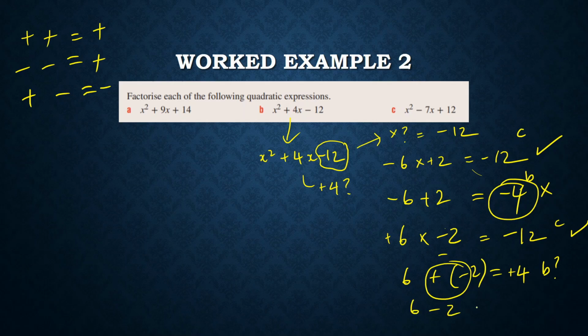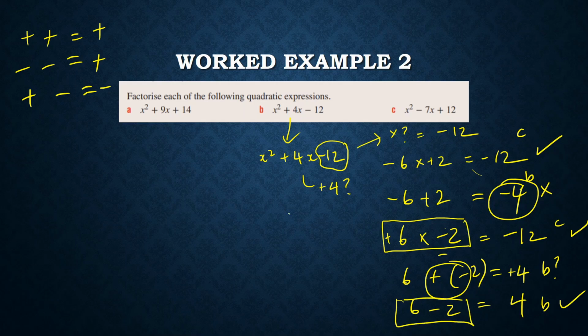So 6 minus 2 equals 4. So does it give us positive 4 for B? Yes, it does. So we now know that the numbers we would be using are positive 6 and minus 2. So we would write as the answer x plus 6 and x minus 2.